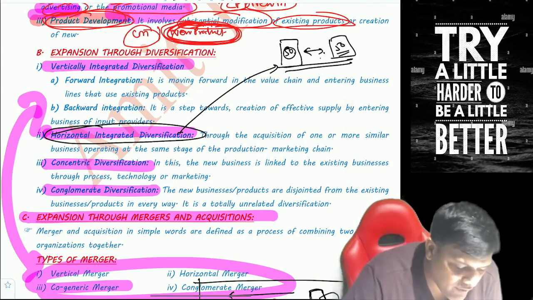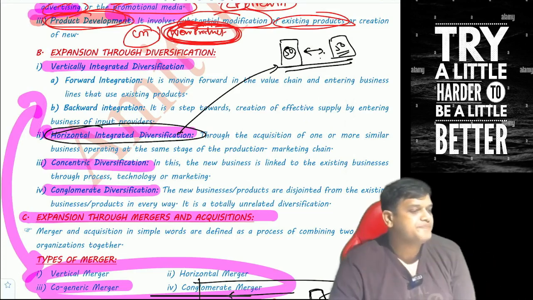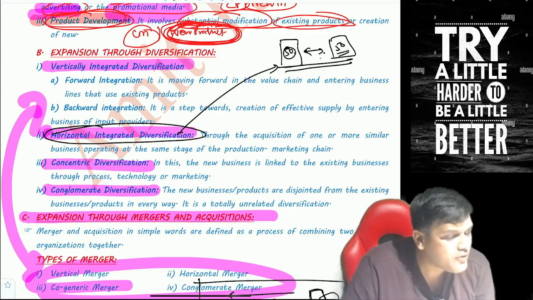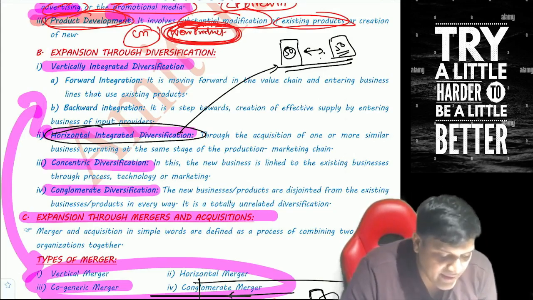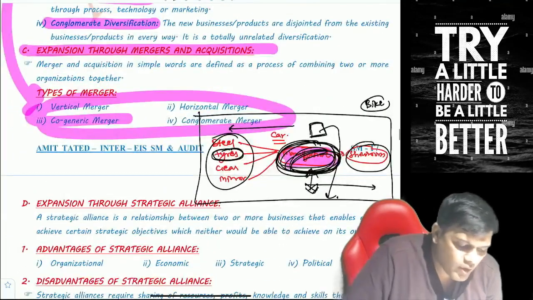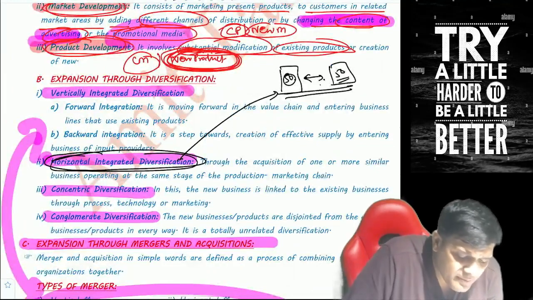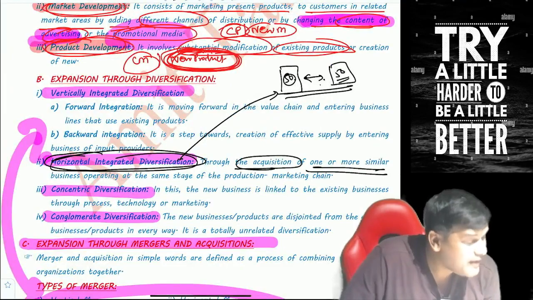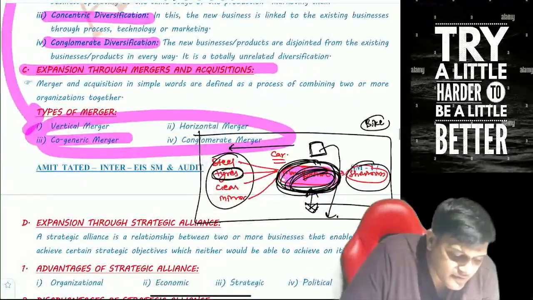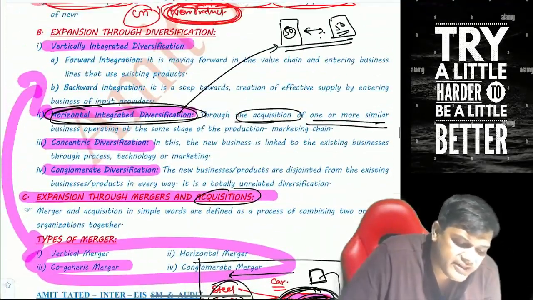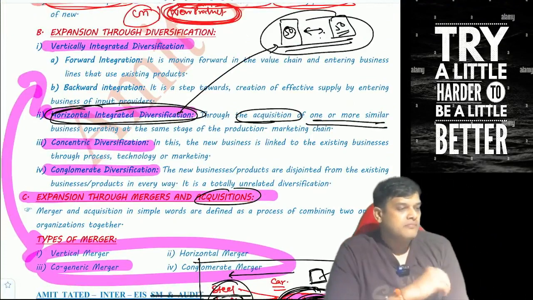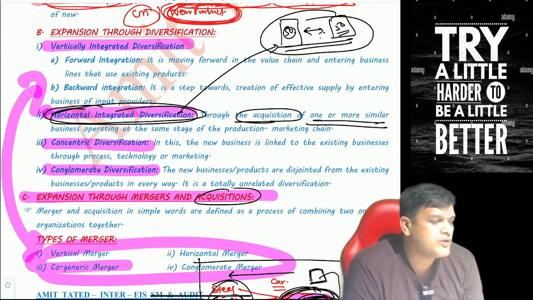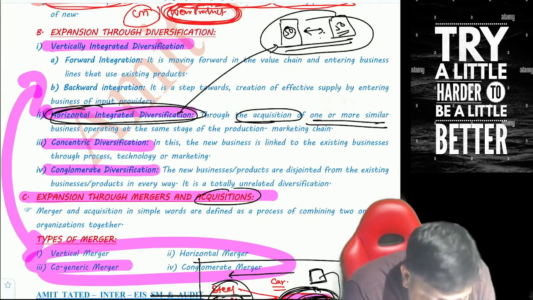This is the concept of horizontal diversification: increasing factories, increasing scale. But in a merger, through the acquisition of one or more similar businesses, they use the word acquisition only. The acquisition can differ in this particular terminology, but other than that there is no difference as such. Both are the same, but in the examination you should write the answer depending on the merger question and the question above.